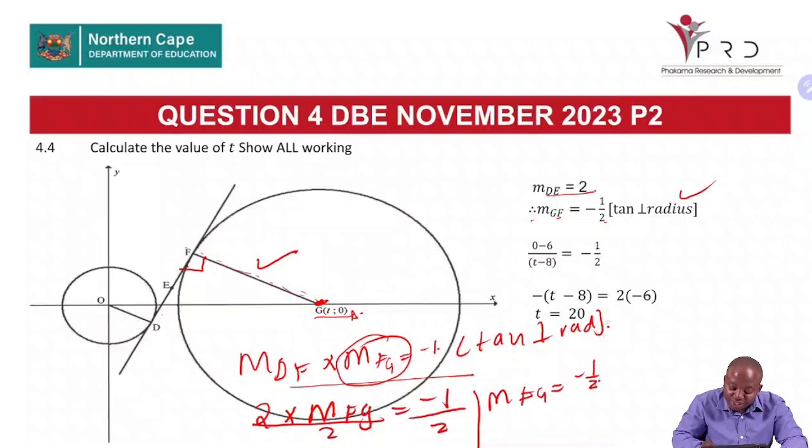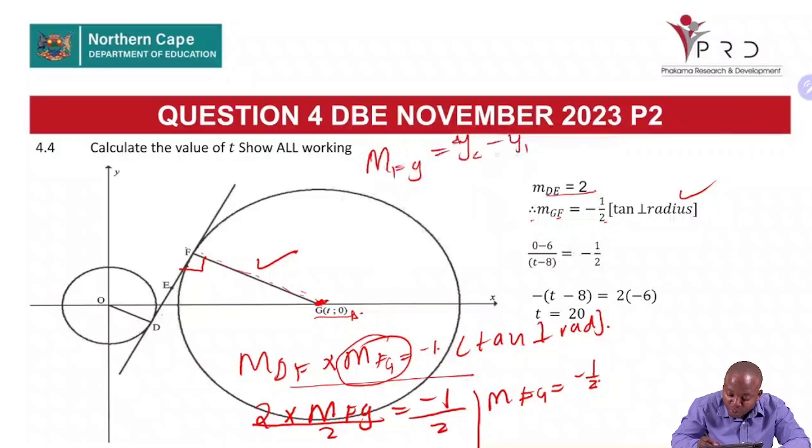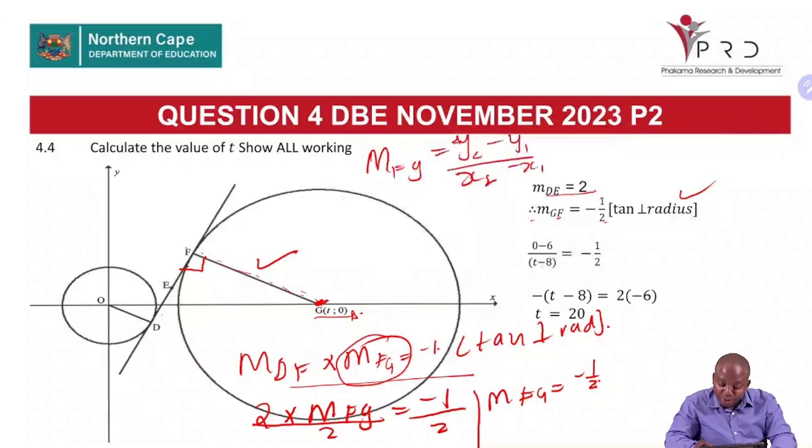Thereafter, we can use the gradient formula. Remember, gradient m fg will be y2 minus y1 over x2 minus x1. Now we have the gradient already, negative 1 over 2.